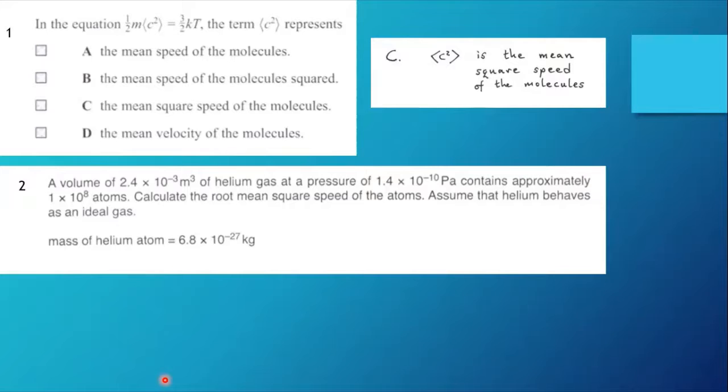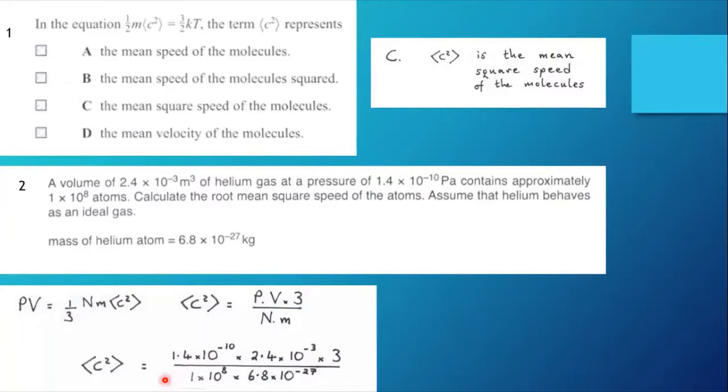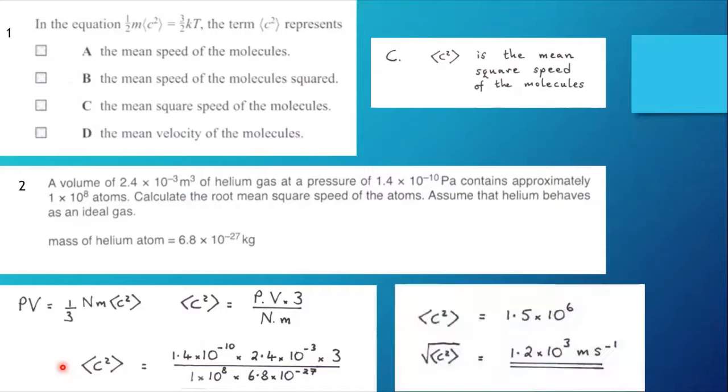Now look at question 2. We've got a volume, we've got a pressure, we've got the number of atoms, we've got the mass of a helium atom, and we're asked to calculate the root mean square speed. PV equals 1/3 Nm c squared. So rearranging that, we can get c squared, and we can put in the numbers, and that will give us a value for c squared, and from that we can get the square root.